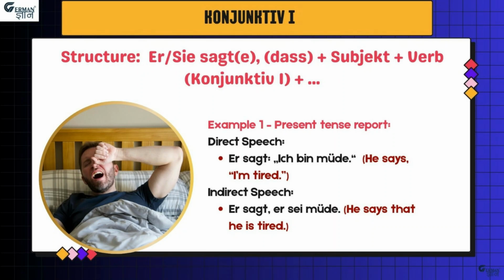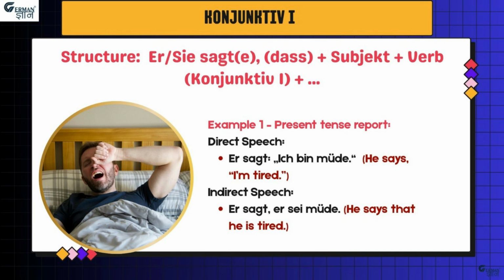Now, if you are writing a sentence in reported speech, then remember that you have to write the conjugation in Konjunktiv I form. So your structure will be: first you write sie, then sagte, then put a comma and write dass, and then write the subject and verb. Now, remember that the verb should be in the Konjunktiv I form. And if you don't want, you can just remove dass and simply write the sentence.